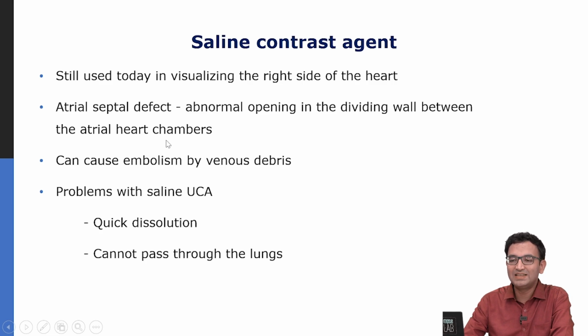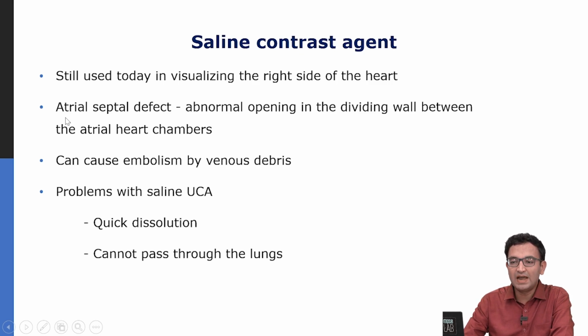The problem with this defect is that it causes a connection between the arterial and venous sides, and the venous debris can go to the arterial side, and it can cause embolism or the blockage of blood vessels, which can be serious. So this has to be detected and surgically repaired.